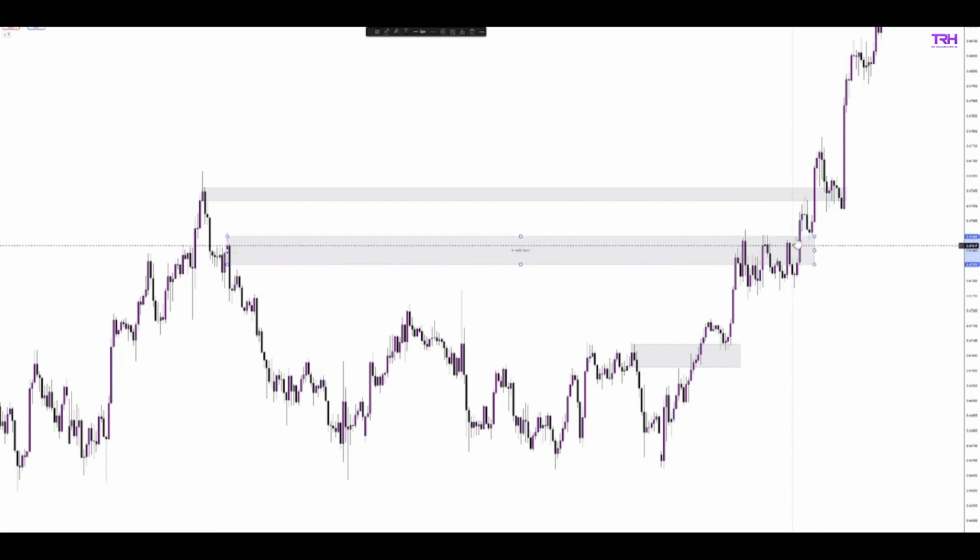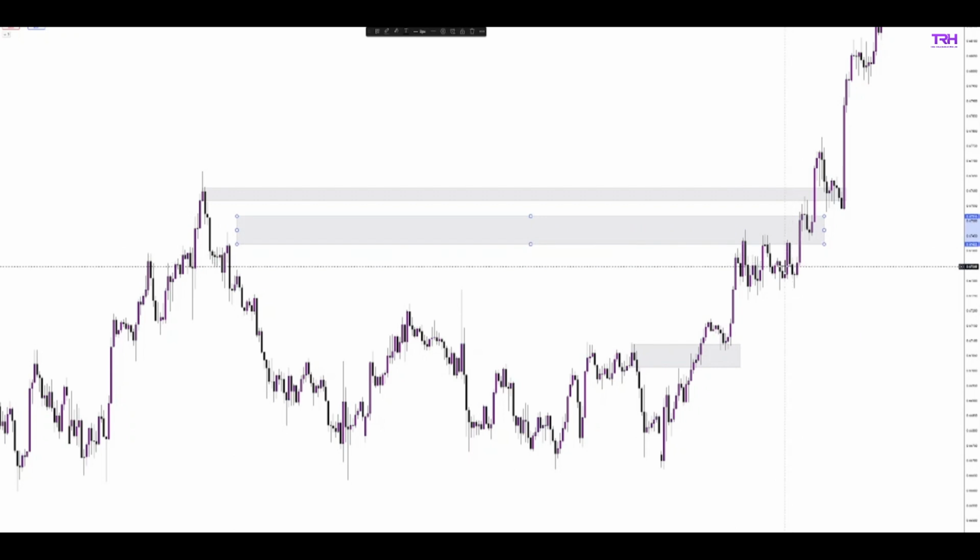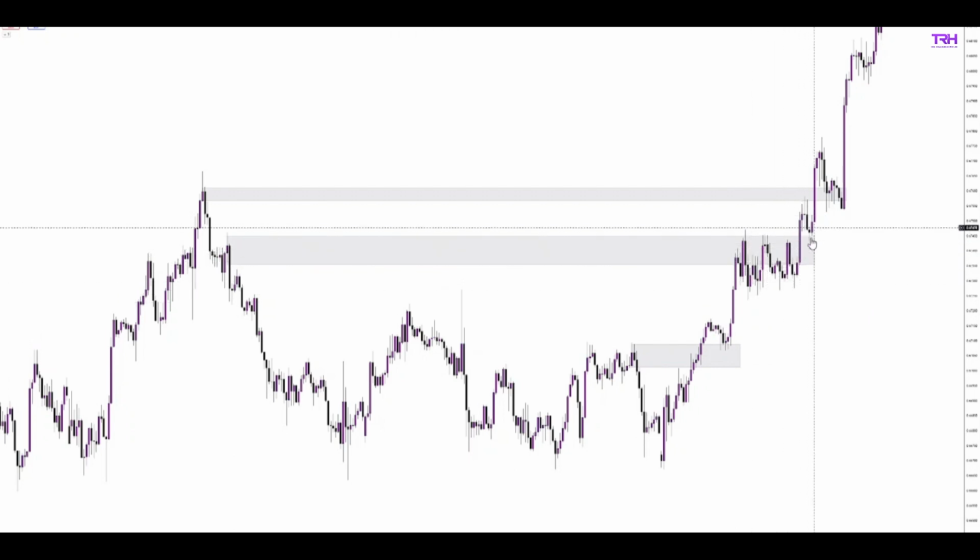This is the last candle before the downward movement, like the impulse downward movement. You see, price disrespected this order block, came back into it, tapped into it, and continued in its original direction, which was originally an uptrend. Price disrespected the order block, tapped back into it, and continued in the upward direction.